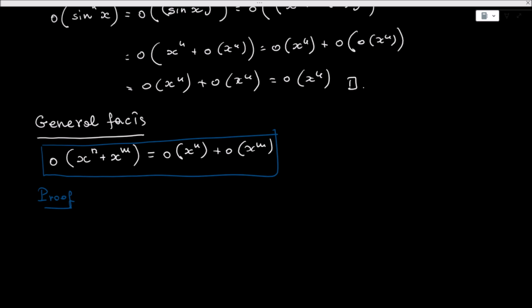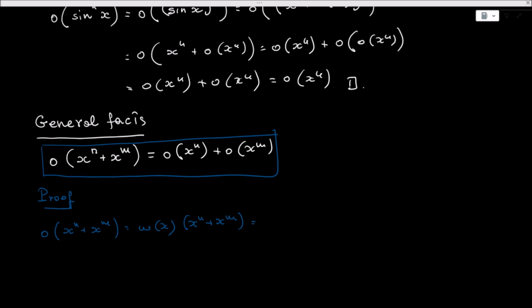Okay. Well, little o of x to the n plus x to the m means omega of x times x to the n plus x to the m, right? Where omega of x is a function that goes to 0 when x goes to 0.